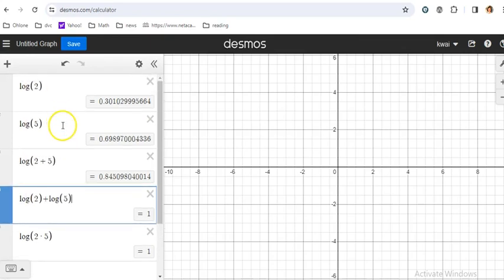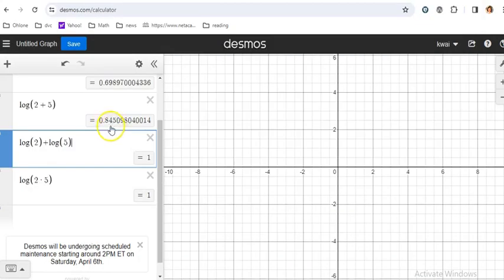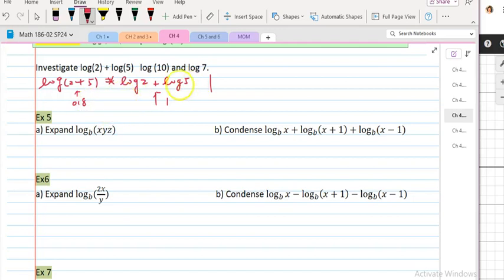Earlier we said log of 2 plus 5 and log 2 plus log 5 are not the same, because this is equal to 1, and this is equal to 0.8 something, 0.84, so they're not the same, so please don't break them.